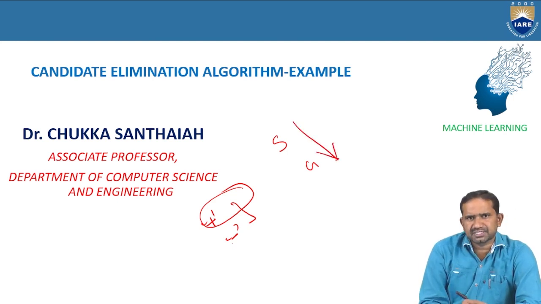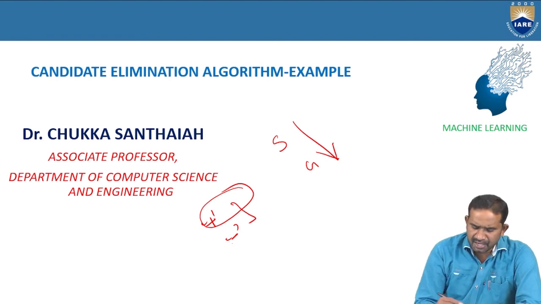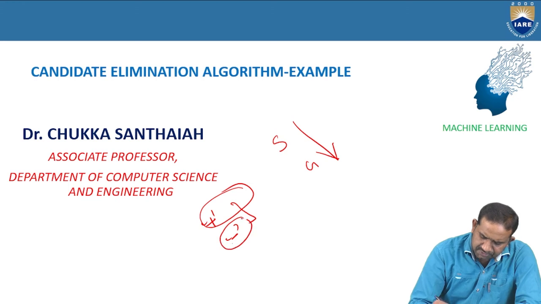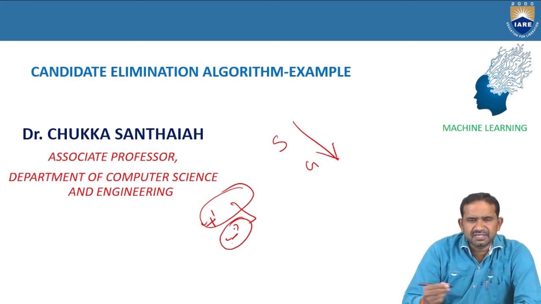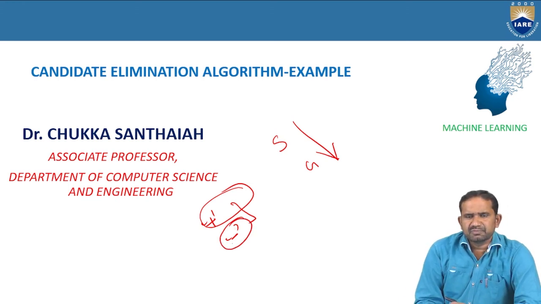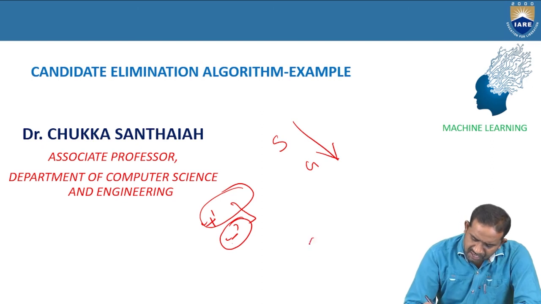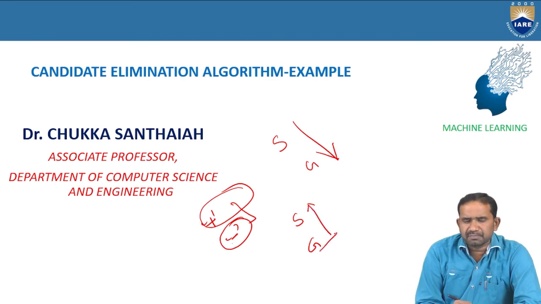Keep this first principle in mind about the candidate elimination algorithm. And if the training example is negative, it is the reverse of the positive example. We start the hypothesis analysis from the generalized and move towards the specific. It is called bottom to top.